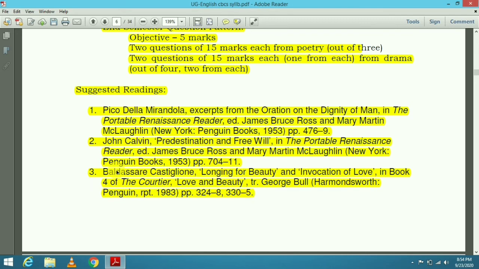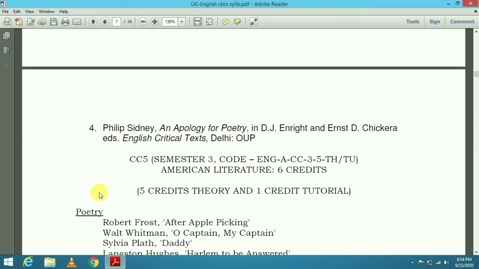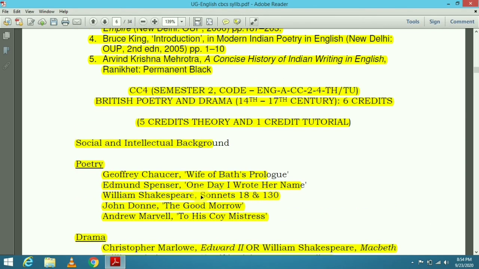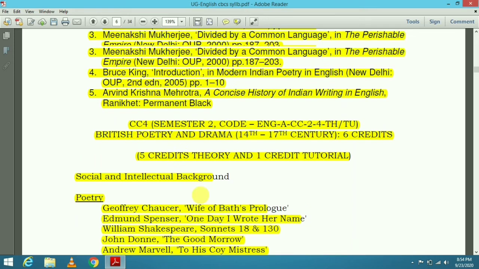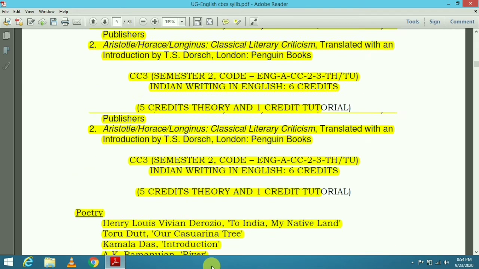I would recommend you all before your classes start. And now as you can see, this is CC5 semester 3, and I don't need to focus on CC5 or semester 3 here, because in our first year we have semester 1 and semester 2, and now we have to discuss the syllabus of AECC 1 and AECC 2, because that is needed in first semester and second semester.